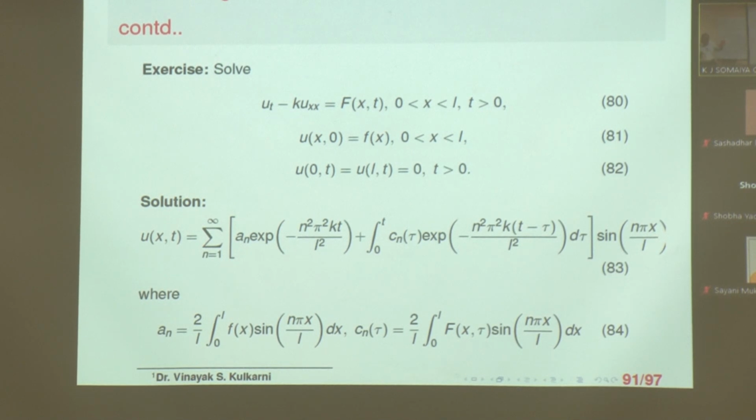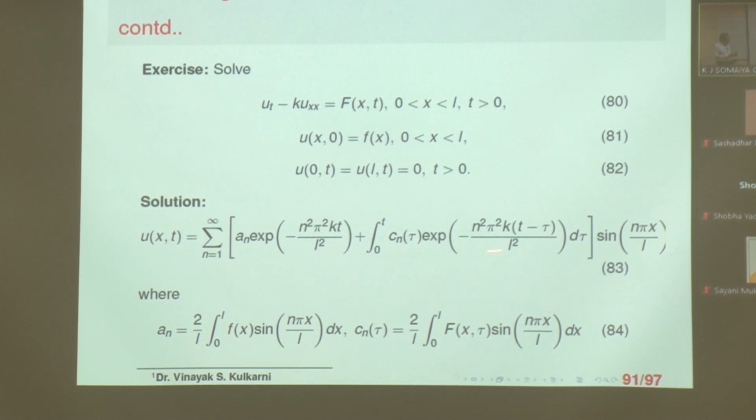Everything is exactly the same. Again, in a very similar fashion, with the technique I have just shown, you can find the solution. Otherwise, again you have the choice of integral transform. Integral transform is a much better option for this type of problem, because you can easily reach the particular solution.